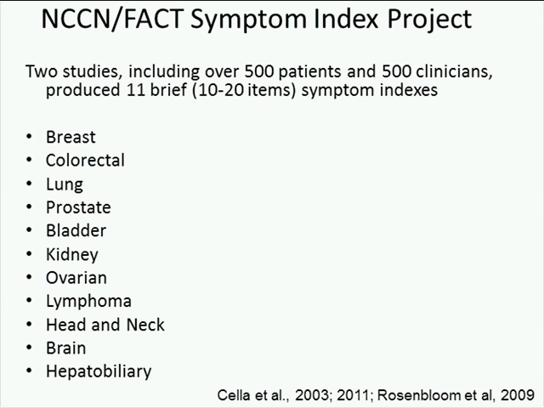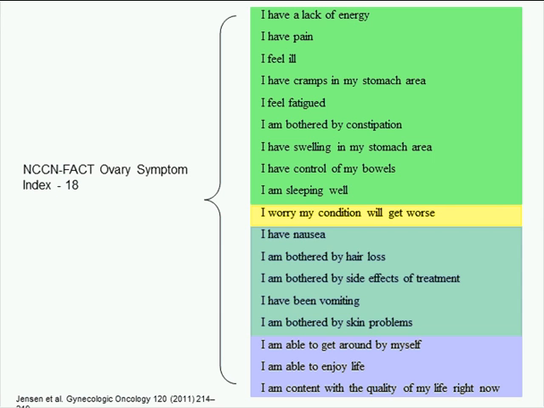Recently, we completed a set of studies that included over 500 patients and 500 clinicians and produced 11 brief symptom indexes across these 11 tumor types: breast, colorectal, lung, prostate, bladder, kidney, ovarian, lymphoma, head and neck, brain, and hepatobiliary. I'm going to talk a little bit about the ovarian cancer one because that's the example we've been using, and not go into the details of the methodology.